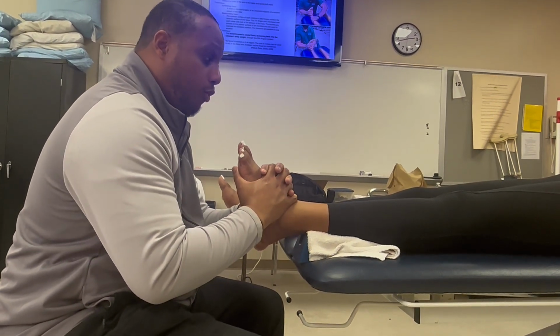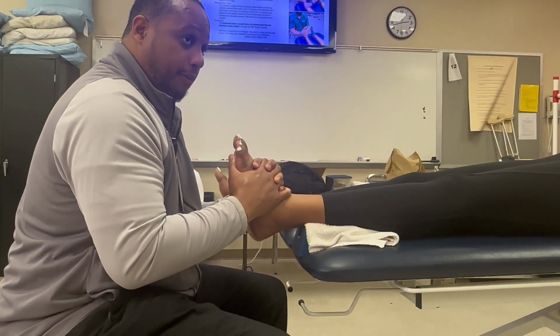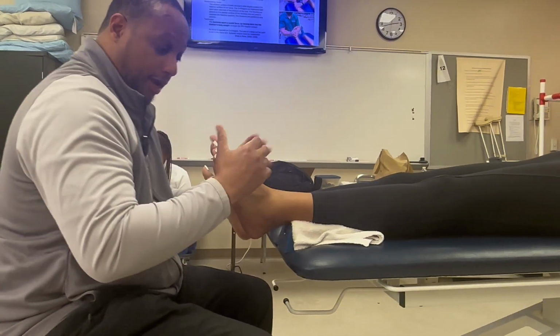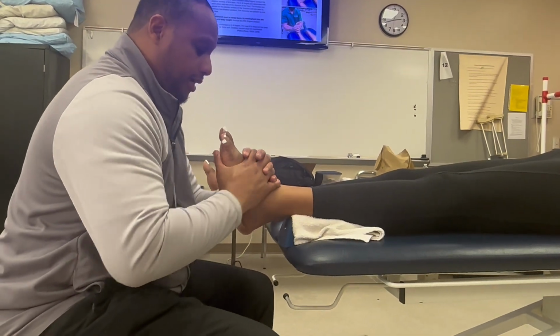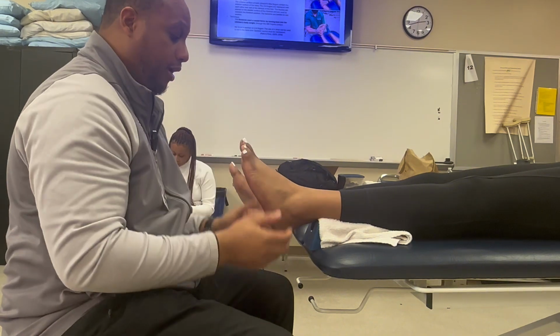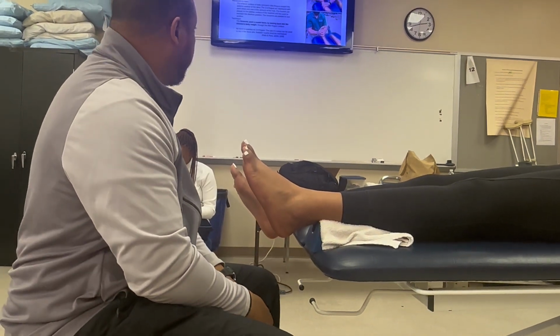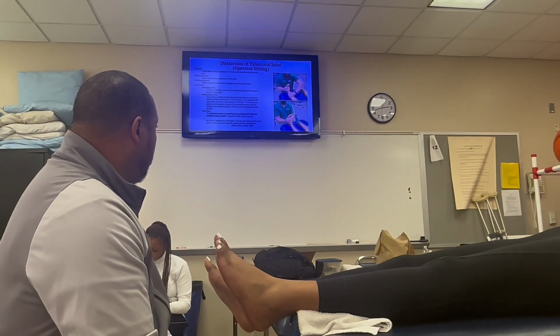So when I'm doing it like this, I'm trying to retract my shoulder blades, my scapula, because my elbows are going back. And I'm, in a sense, scooping as well, simultaneously with that. So that's distraction of the talocrural joint.